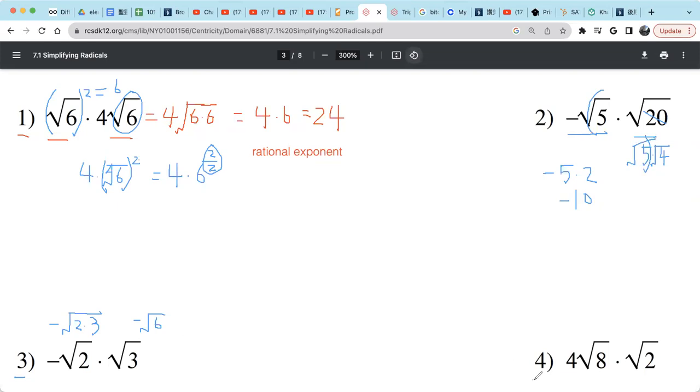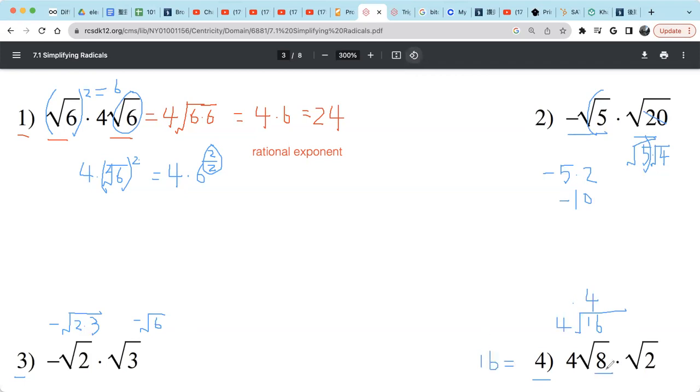Let's see number 4. I have a number 4 outside. Now, inside the square root, the radicand, I have 8 times 2. What's 8 times 2? 16. What's the square root of 16? 4. What's 4 times 4? 16. So for number 4, the answer is 16.